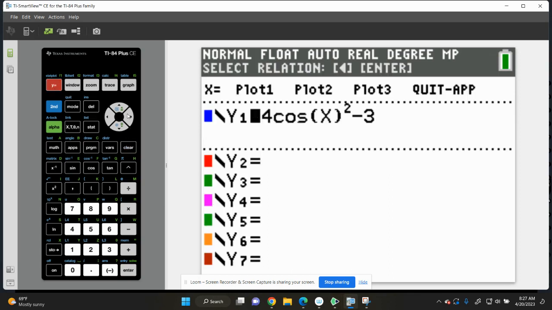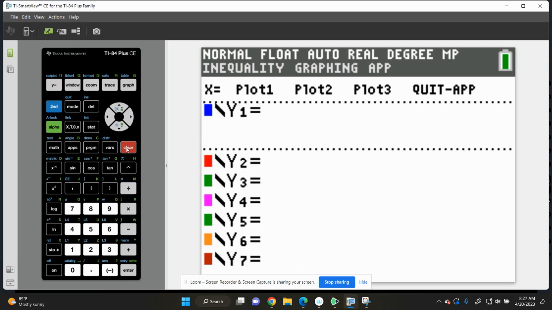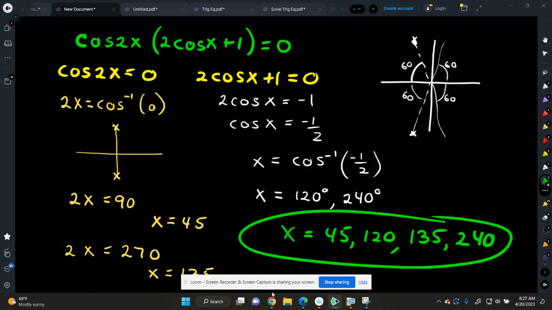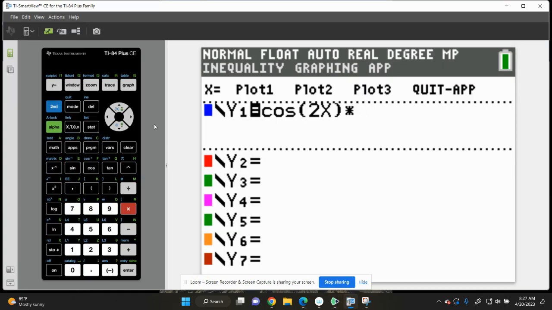Okay, so you should all have your calculator out, and you should all be doing this. We're going to do cosine 2x times, what was the other one? 2 cosine x plus 1. Let me put this in parentheses.